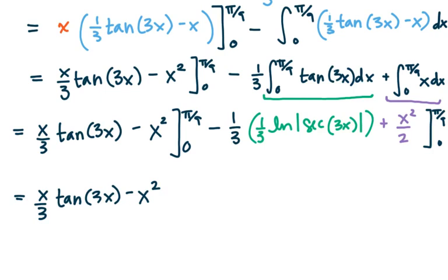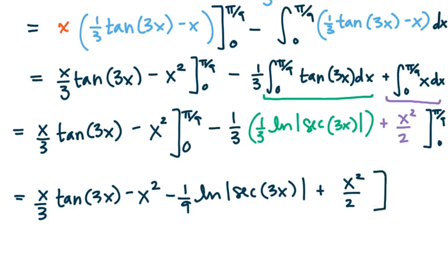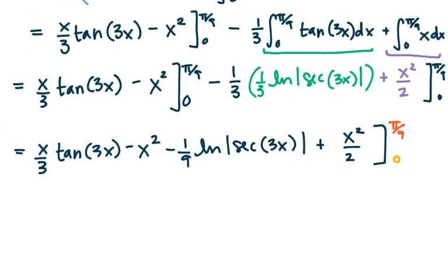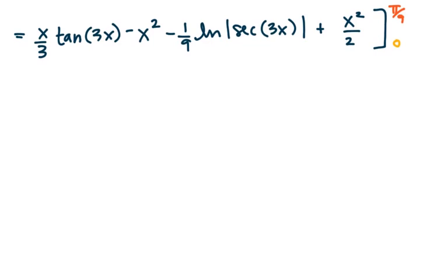That should be a minus 1/9 the natural log of the secant of 3x plus x squared over 2. And so my limits of integration here, I have pi over 9 and 0. So the rest of this problem is really just busy work.